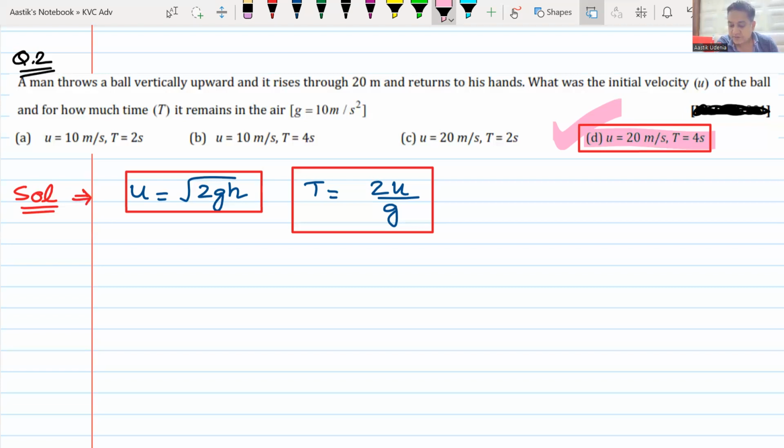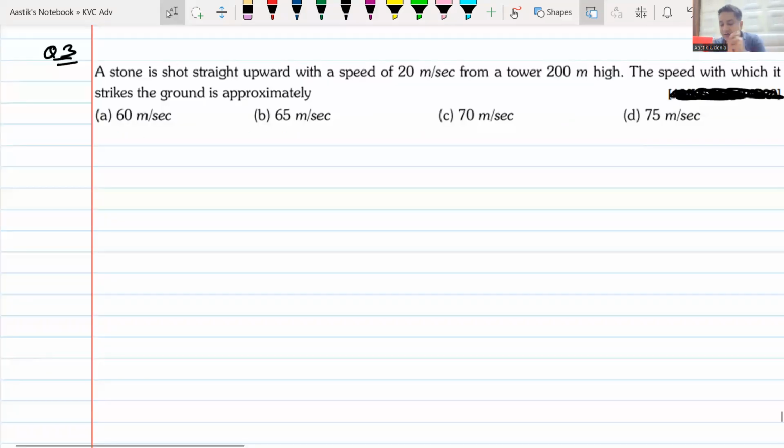Remember, the more the number of questions that you do, the better it is for you. And here comes question number 3. I hope everyone is ready for this question and everyone is excited to see this question has come in JEE Main 2 or 3 times. Here comes the question.